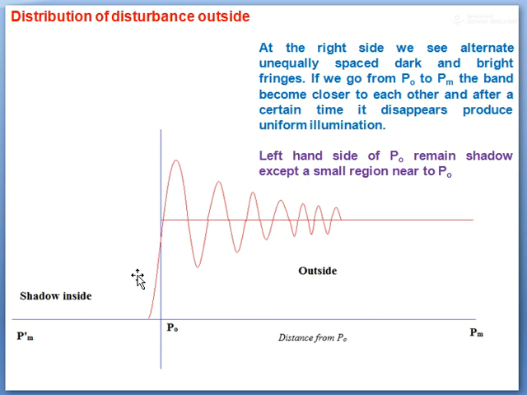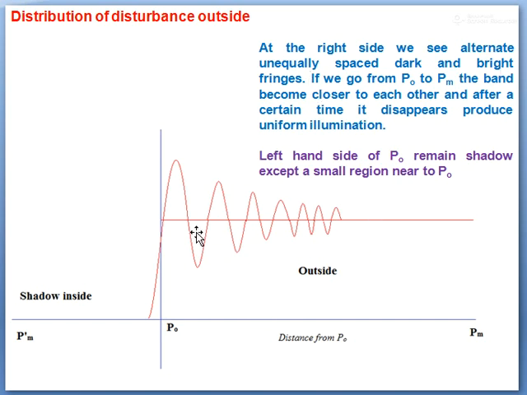এখন what are the effect of distribution at any external point and within the geometrical shadow? তাহলে within the geometrical shadow there will be some effect. Okay, and the intensity will be diminished as we propagate from center to the right side. So at the right side we see alternate unequally spaced dark and bright fringes.